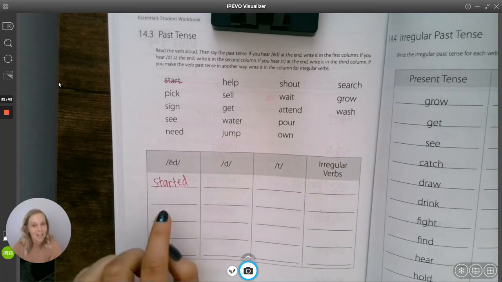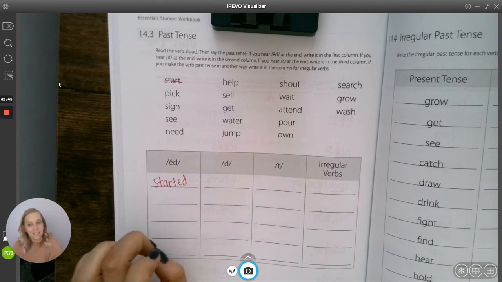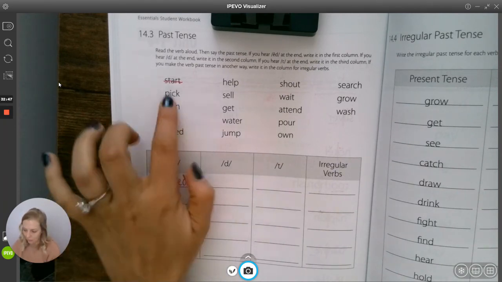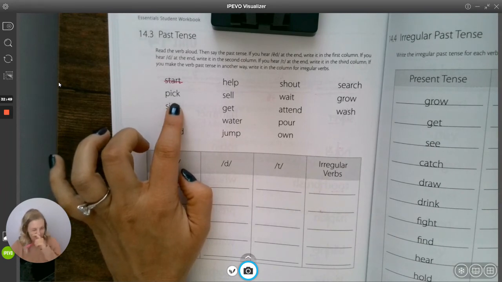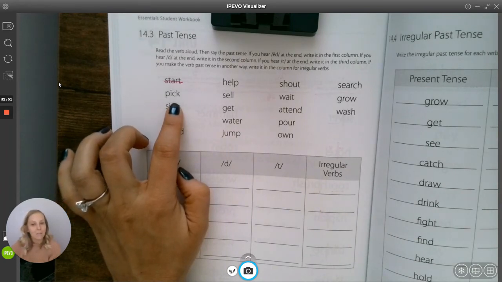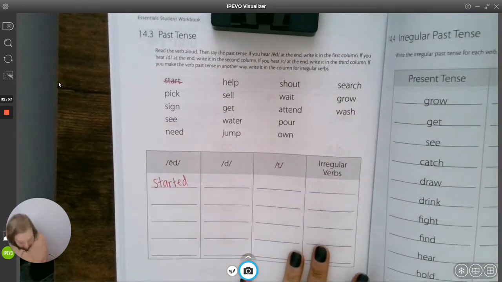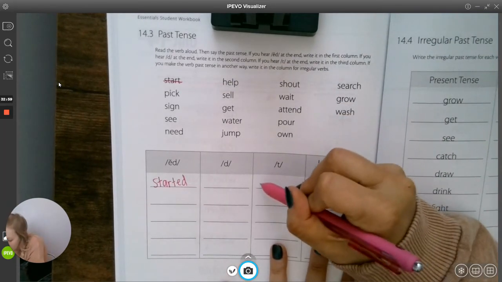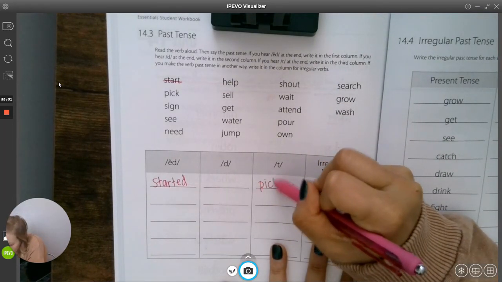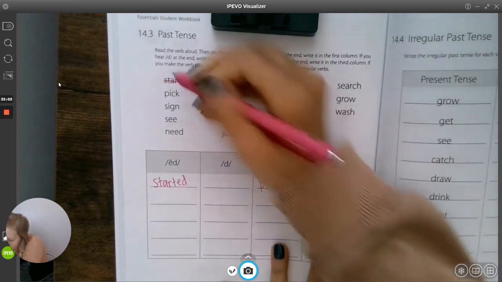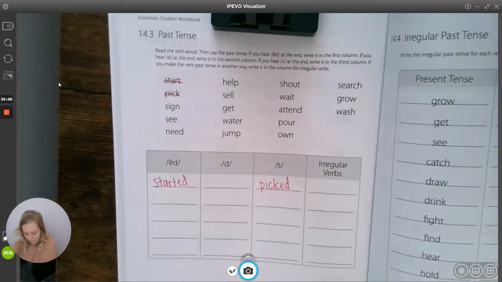So we added the ending ed, d, t. And in this word, what sound is the past tense ending making? Picked. It's making the t sound. So we will write picked under this column. Good.